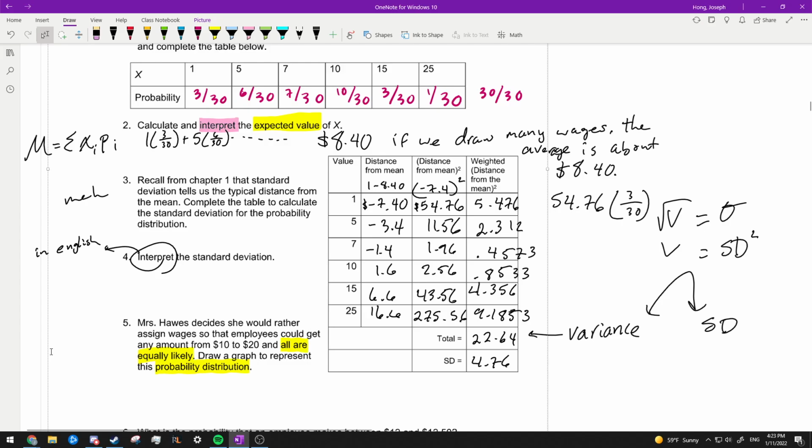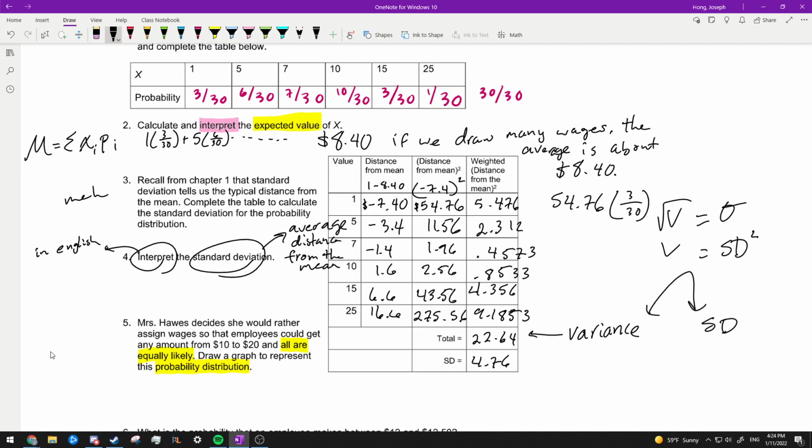Okay, so table filled out, boom. And we're going to interpret the standard deviation right now. Remember that the standard deviation, the official definition I gave it, is the average distance from the mean.